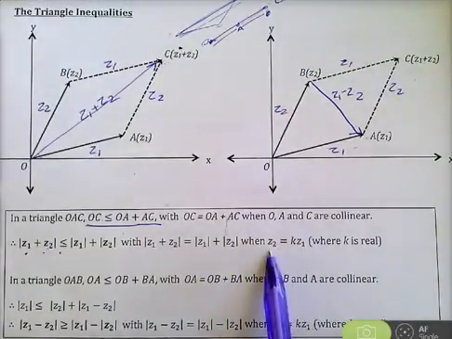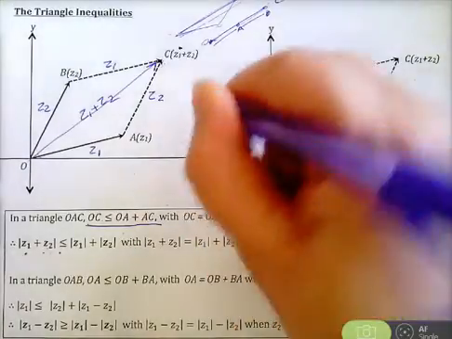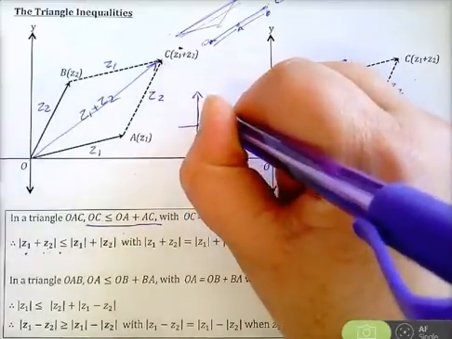when Z2 equals K times Z1. What does that mean? If Z2 equals K, some constant, times Z1, it means that Z1 and Z2 lie on the same line. So I'll just show you. If we looked at this, right?